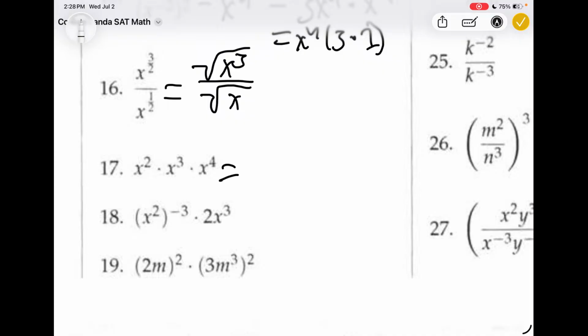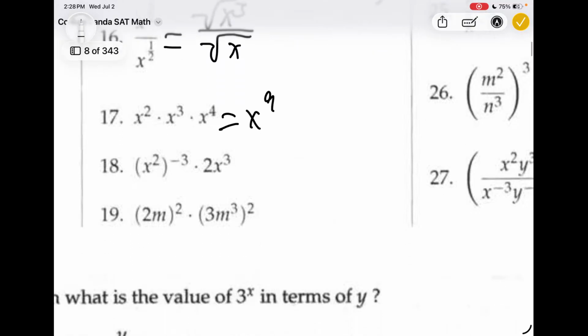X squared times x to the 3rd times x to the 4th. So you just add these up. So you get 7 plus 2 is 9, so you get x to the 9th. Then with these, you got 1 over x to the 5th times 2x to the 3rd.